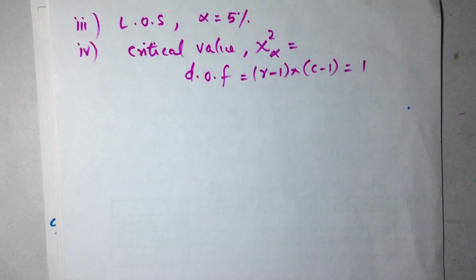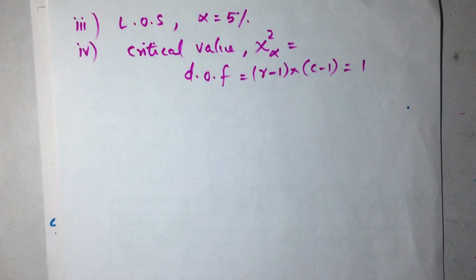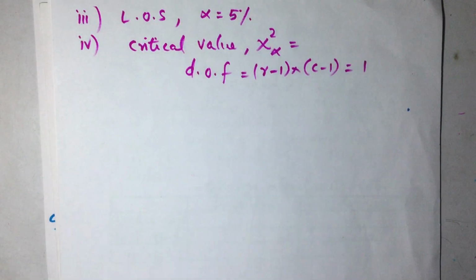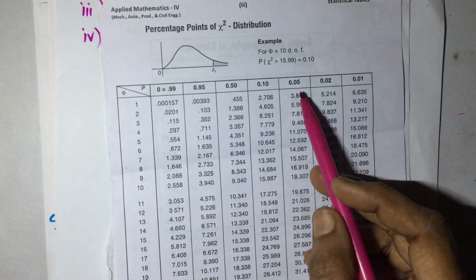So the degree of freedom is 1. It is the number of rows minus 1 into the number of columns minus 1. Then for chi-square alpha at 1 degree of freedom, I have taken 5%, so I'll look at 0.05.